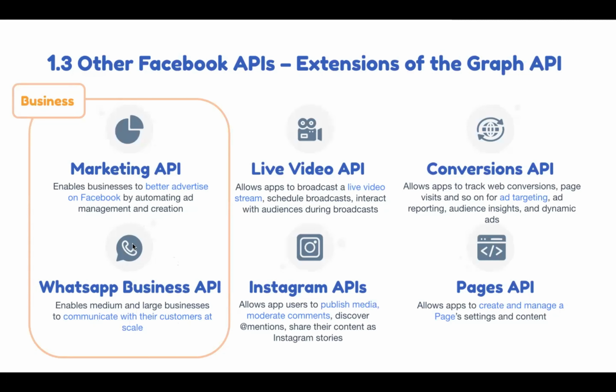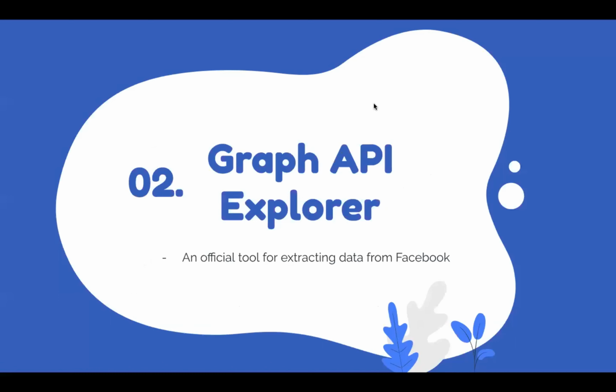Companies can use this API to connect thousands of agents and bots to customers via WhatsApp programmatically and manually. Besides, you can also use the live video API, Instagram APIs, and other forms of APIs to get the corresponding data. The selection of the type depends on what you want to do. But for using any of them, you need to use a tool mentioned before, which is Graph API Explorer.